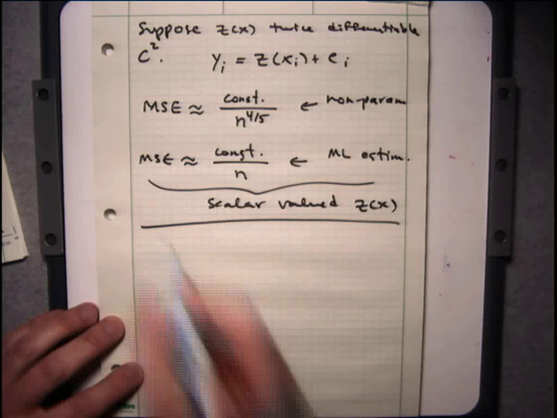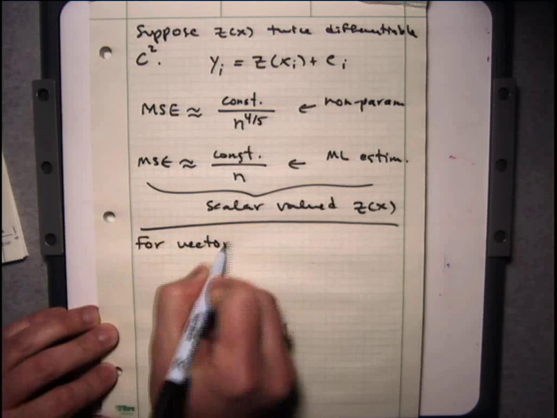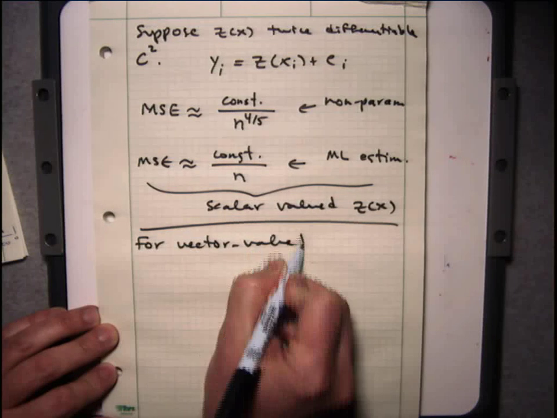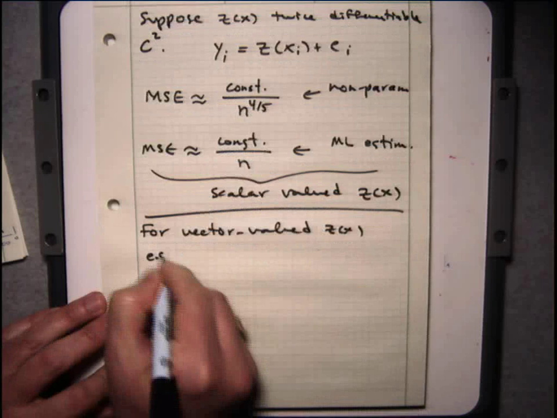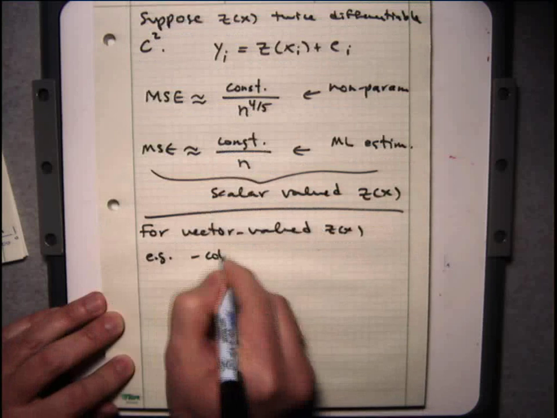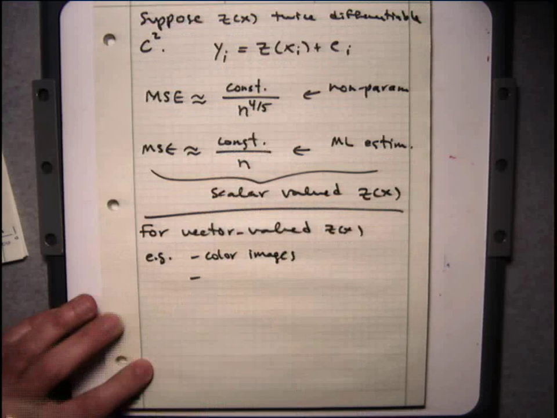So for vector valued z of x, as an example of that, you might have things like color images, where each pixel is 3 values RGB.